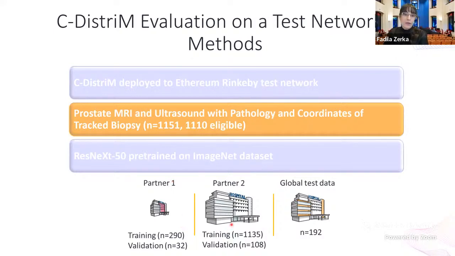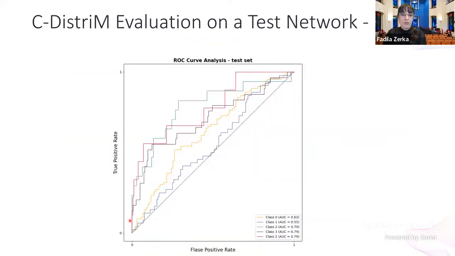We split the data first into a training and a global test set, and then the training set was further split to simulate a network of 2 partners. Here we used a ResNext 50 that was pre-trained on the ImageNet dataset to predict cancer group grade, which consists of 5 classes to classify.